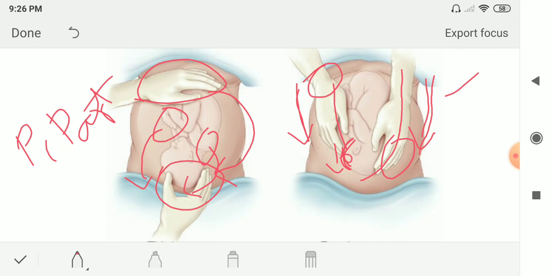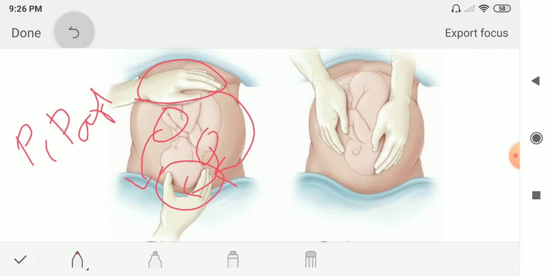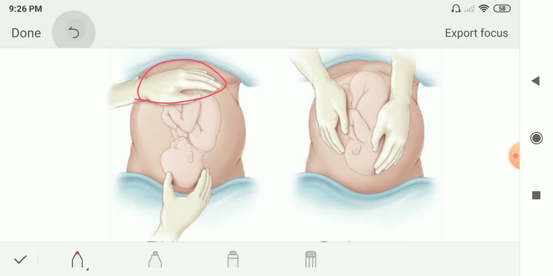If the head is extended like this, then we can move down. So these are the conditions which are used in order to identify the fetal position, the fetal presentation, and the fetal brow. So this is something about the Leopold maneuver.